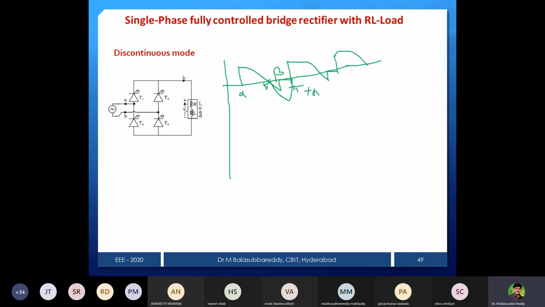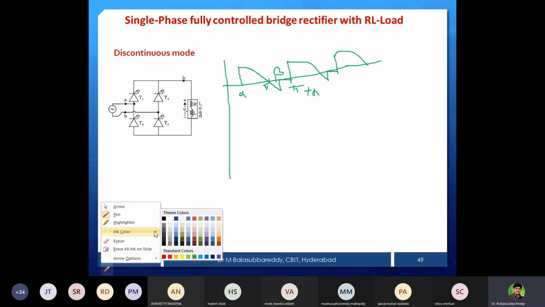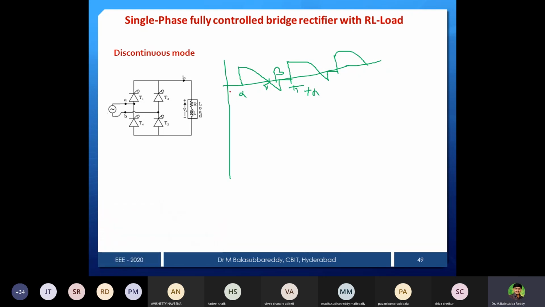This is what I showed you for the previous continuous mode of operation. But now, because of the discontinuous mode of operation, that device will not conduct up to pi plus alpha, because there is insufficient energy stored in the inductor, or you can say it is a small inductor, so it will take less time to dissipate. Then if you draw the current waveform, we can notice the difference.